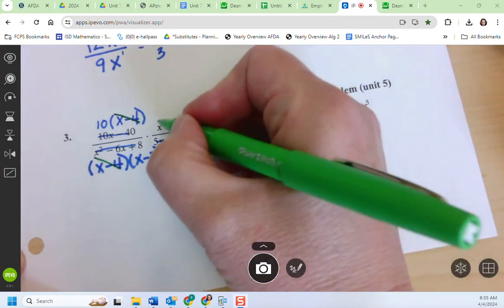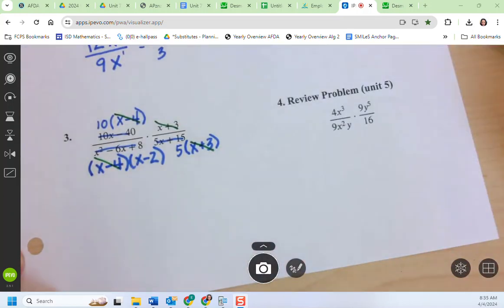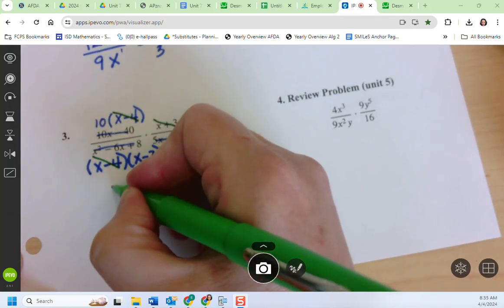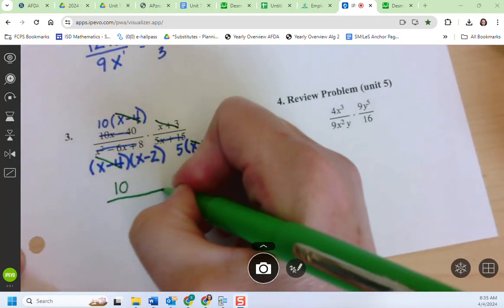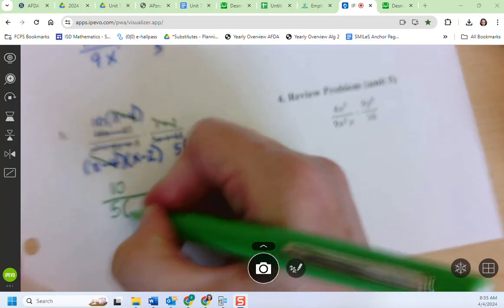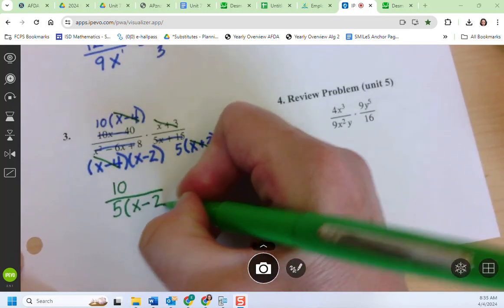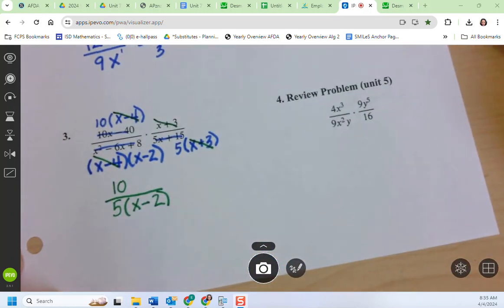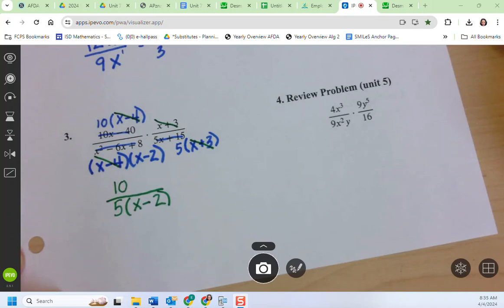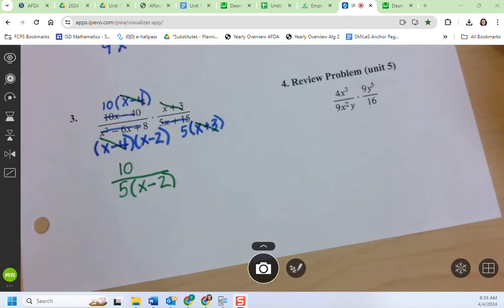The x plus 3. All right, and so then I have a 10 on the top. And I have 5 times x minus 2. Can I do anything else here?